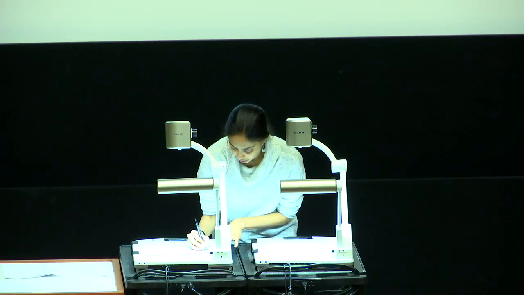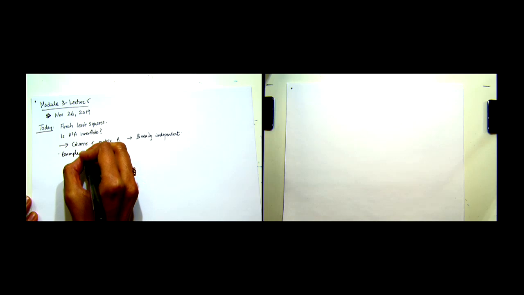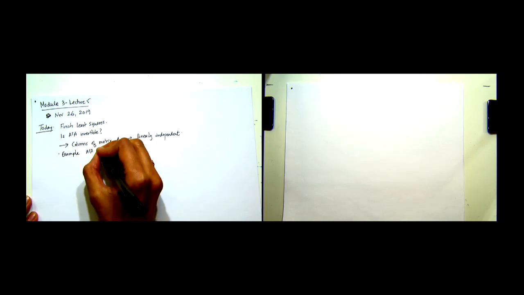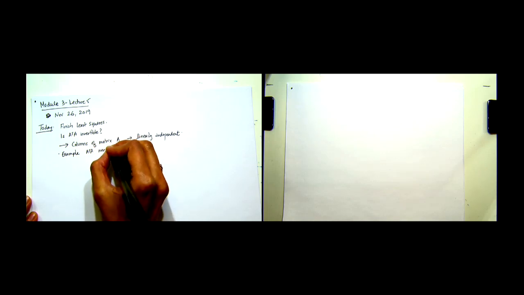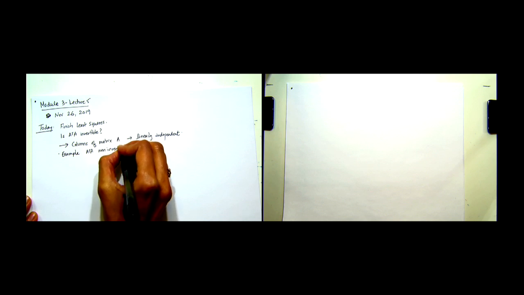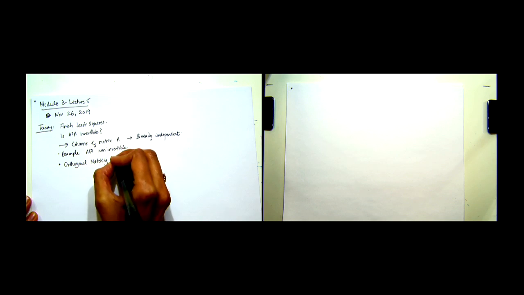So we're going to talk a little bit about this. I'll show you an example of how A transpose A might not be invertible. And then we'll move finally to talking about orthogonal matching pursuit.